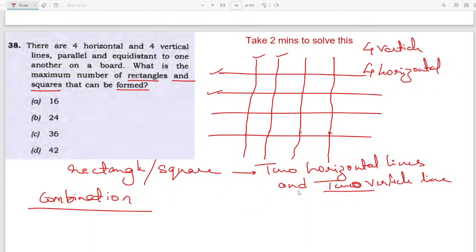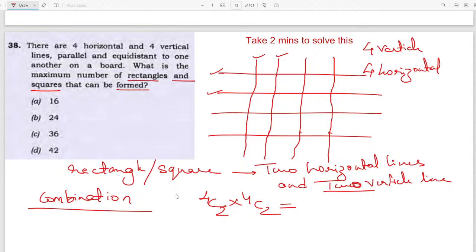And how do we do that? That is given by 4C2 for the vertical lines, into 4C2 for the horizontal lines. And this would be the maximum number of rectangles and squares that can be formed.